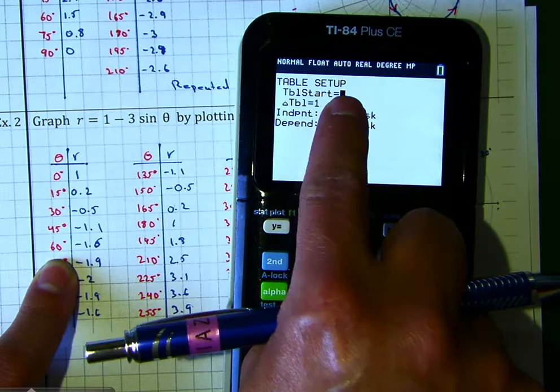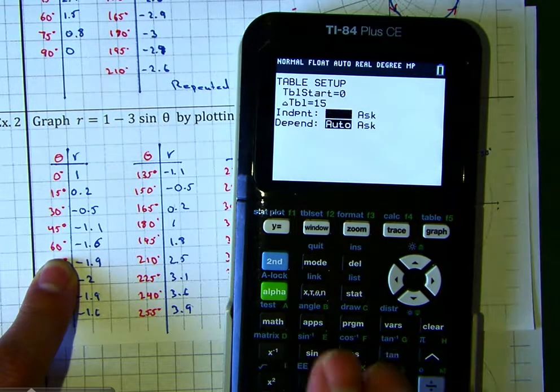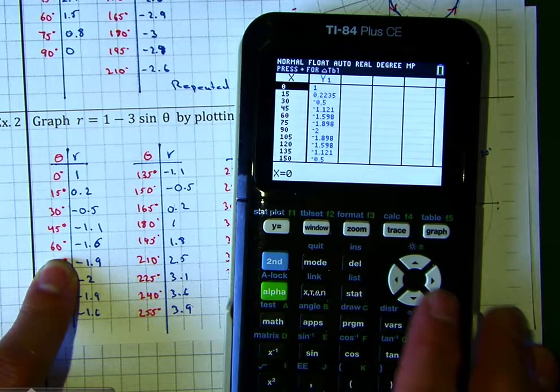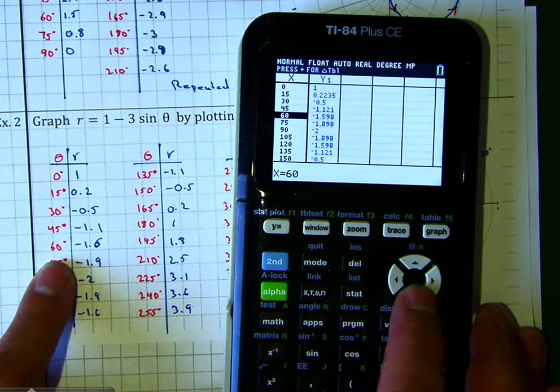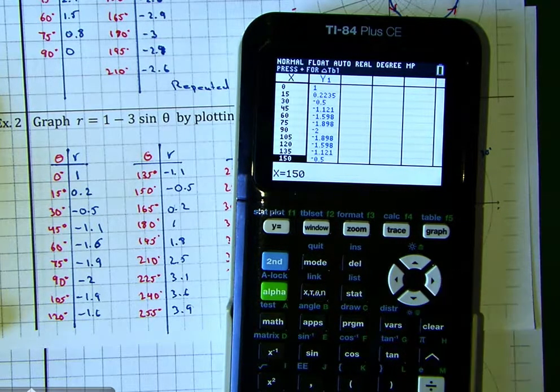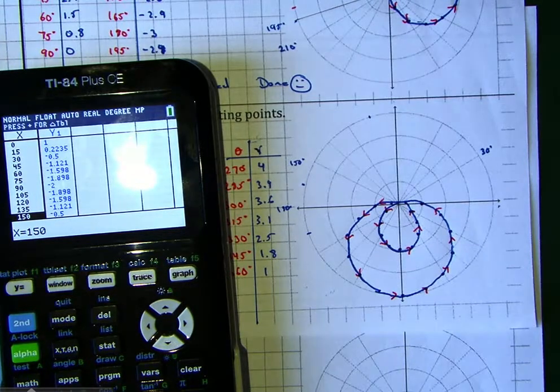I want to start at 0, but I want to go every 15 degrees. I want to make sure that's under auto, and auto as well for the independent and dependent variables. And now once I go into the table, I can just write down all those values. So some of you did it this way as well, which is great, but it's still a little tedious because you need to plot every single point.